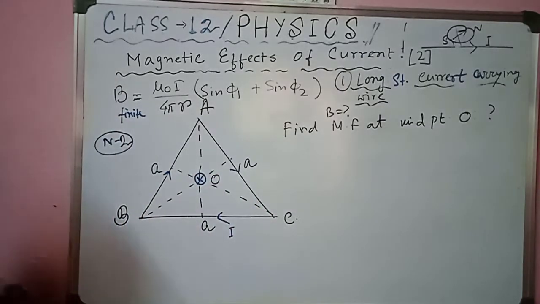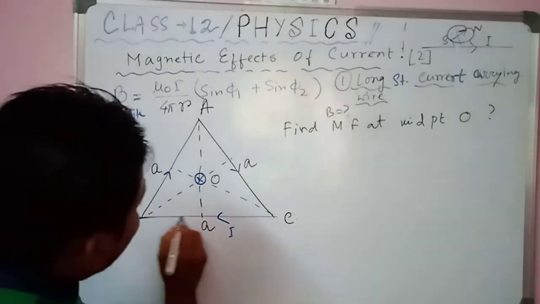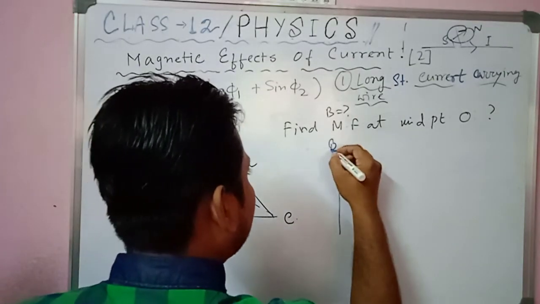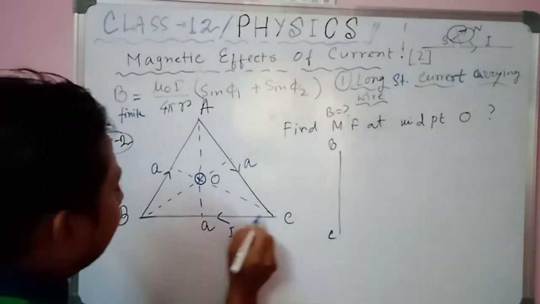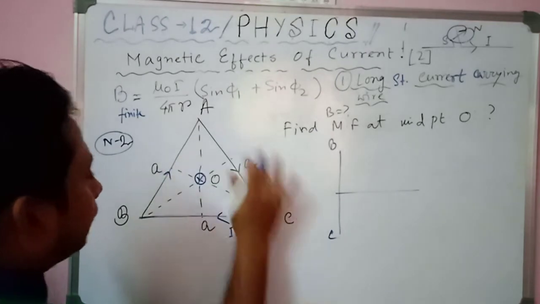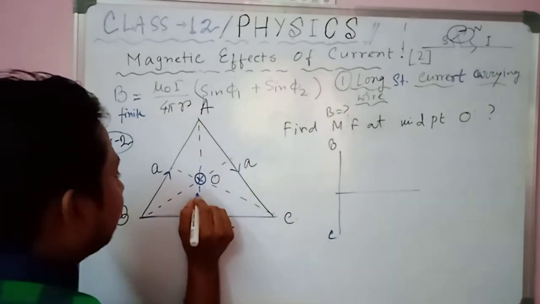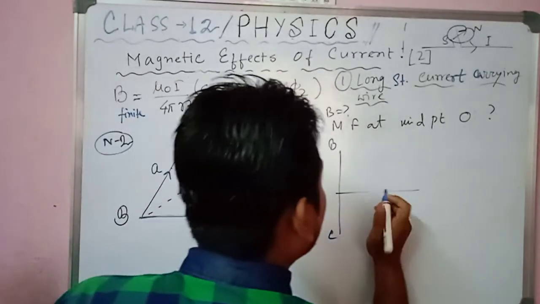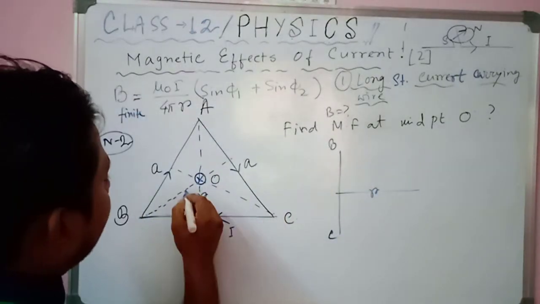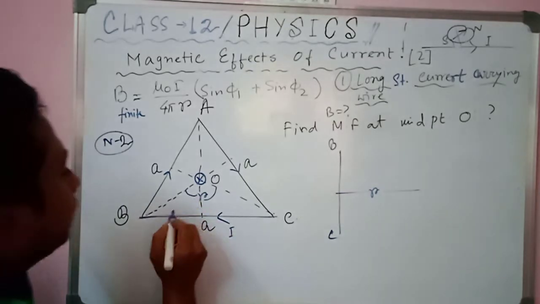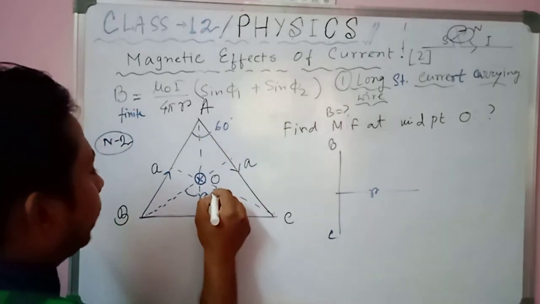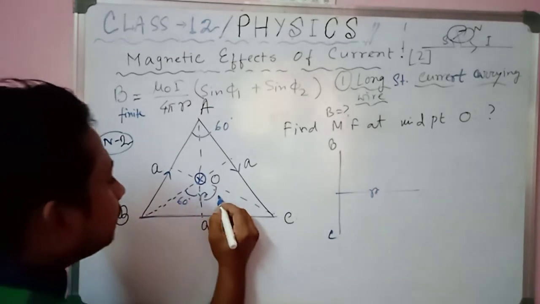No doubt about it. Now again, I have taken a single wire BC. In the case of BC, this is a, and the distance r is this r, and we obtain two angles. If this is 60, then the total is 120, so that is 60 and 60.